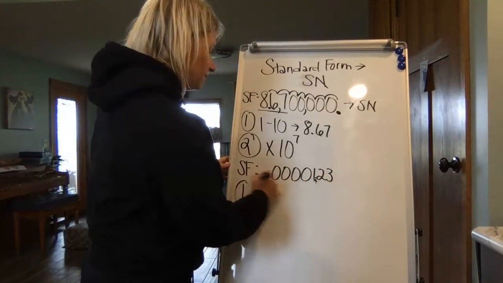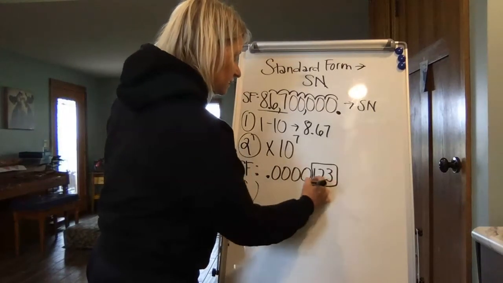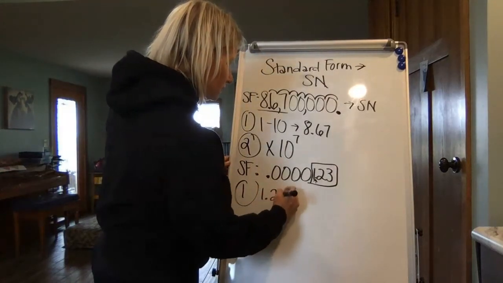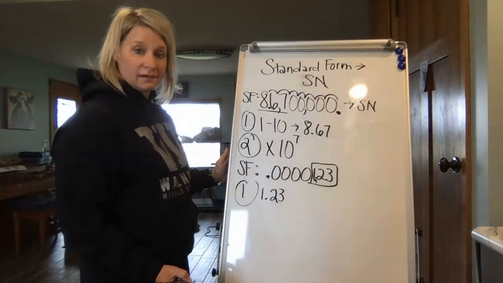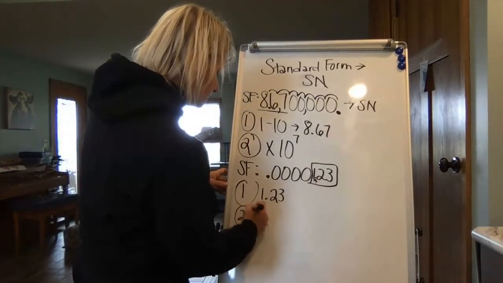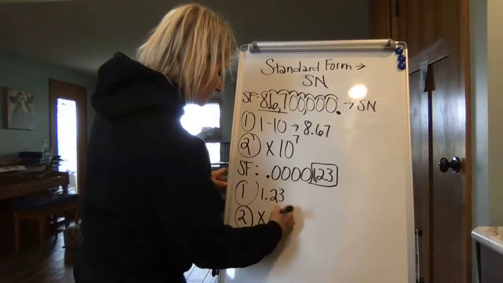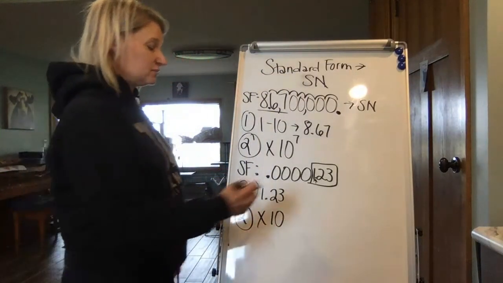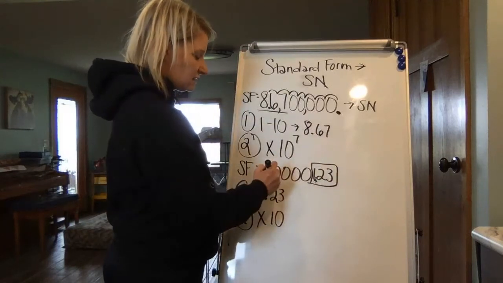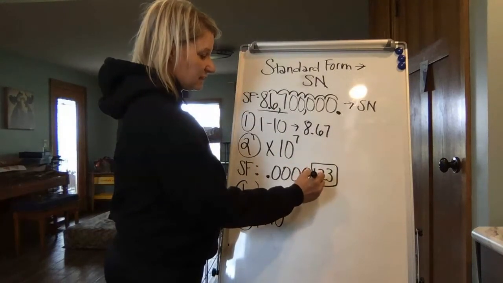So our first step, making this a number between 1 and 10, gives us 1.23. Now to finish and put it in scientific notation, I have to count how many places to the left I went to get to this decimal. So here's where I put my decimal.